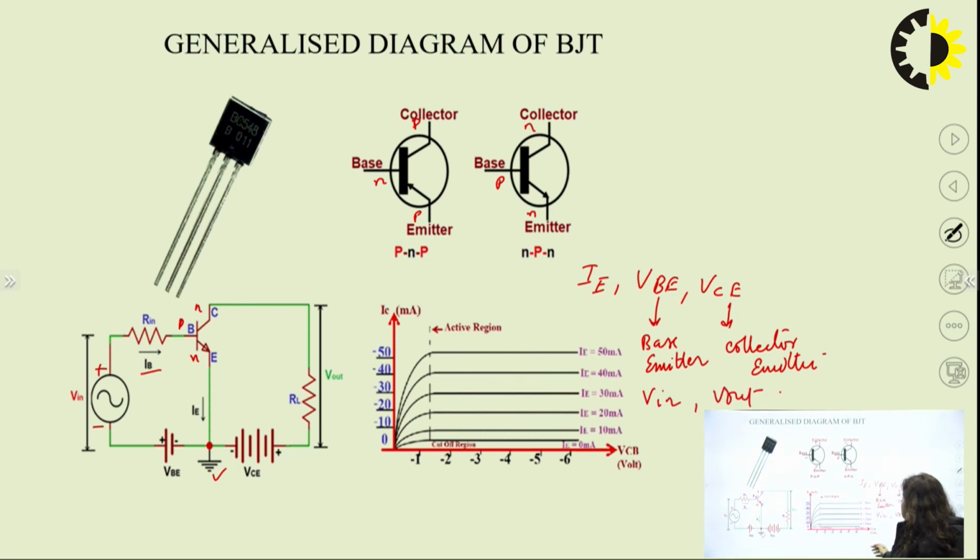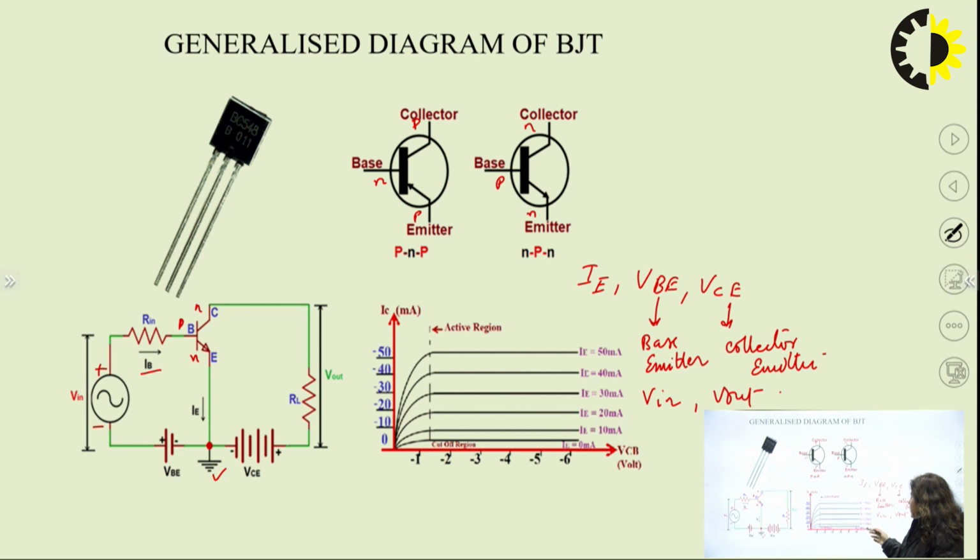We have drawn the characteristic curve between VCE and IC, because VCE is the output voltage and IC is the current flowing through the output circuit. This is the common emitter configuration, where the emitter is grounded, so we have taken IB as a constant.